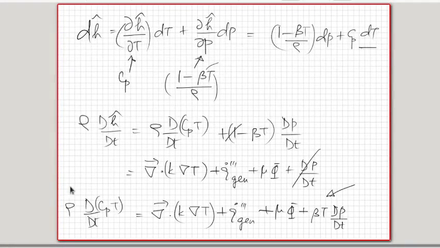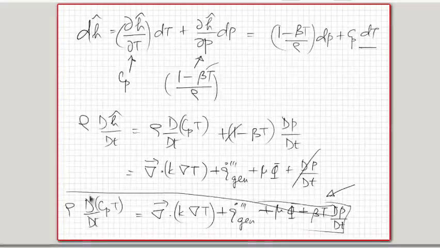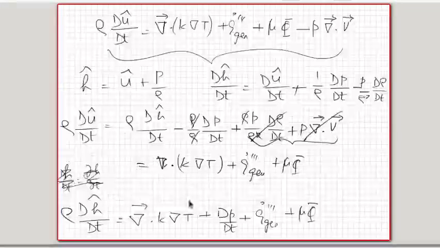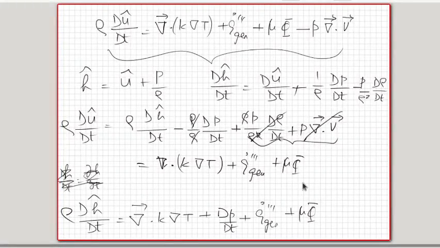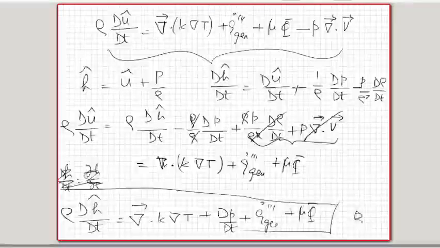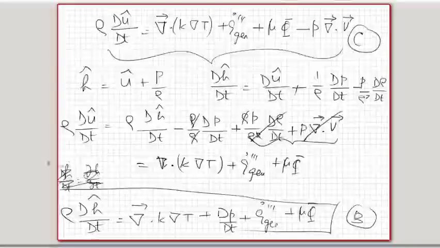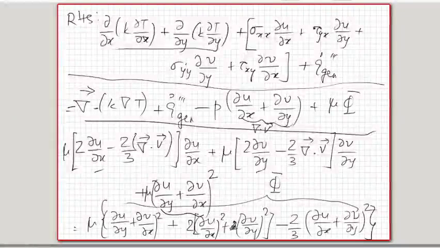So you see that the energy equation has multiple forms now. This is one form of the energy equation. Let's call this form A. This is the one that we wrote in the previous page, which is another form of it, so I'll call this B, and in terms of U that you wrote is another form, which we call C. So we have now so far got 3 different forms in which the energy equation is finally written down.